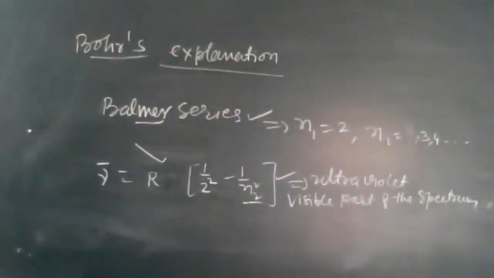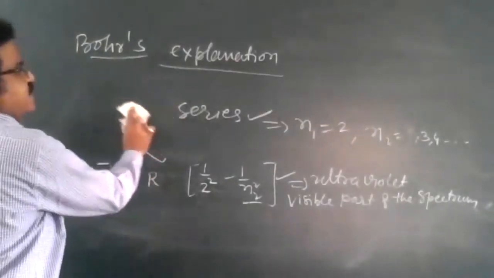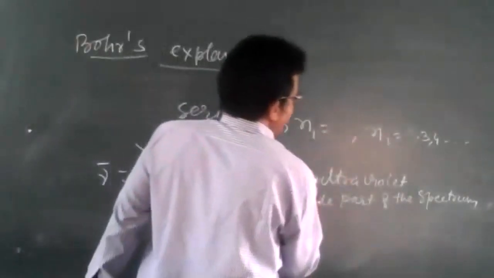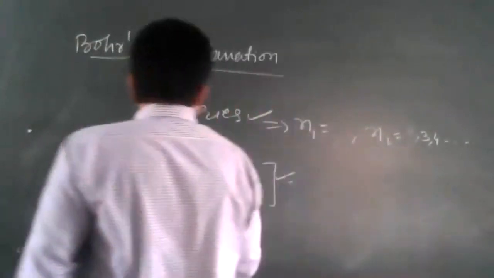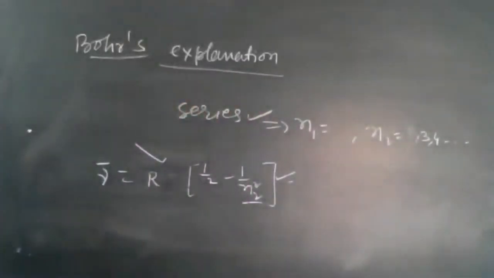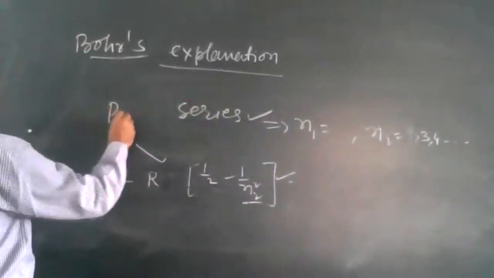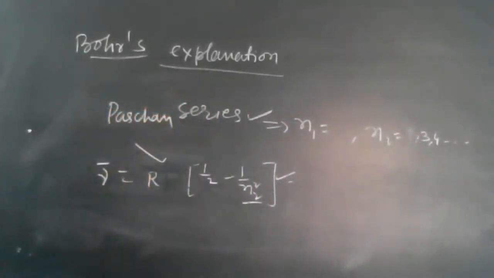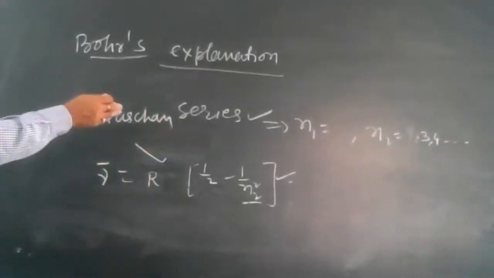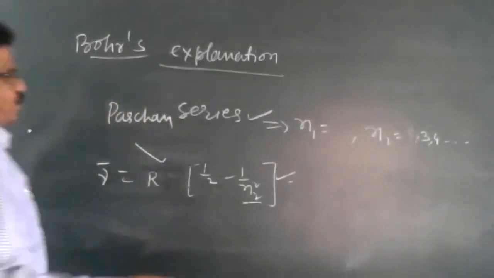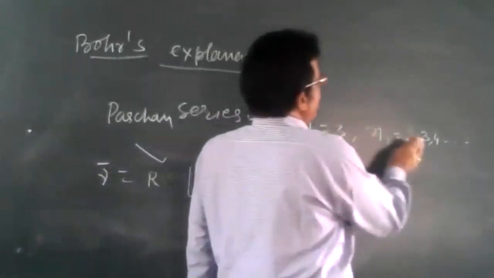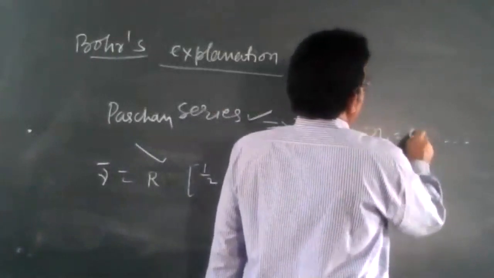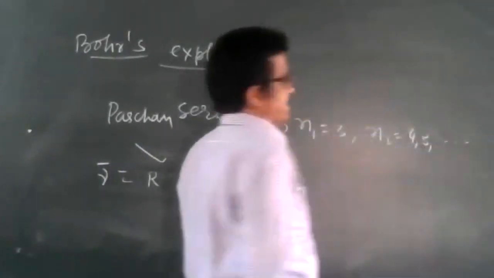Then the third series is the Paschen series, according to Bohr. It can be obtained when the electron jumps to the third orbit from any other outer orbit, 4, 5 like this.